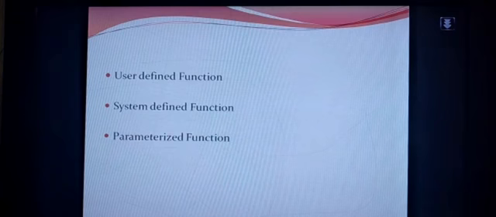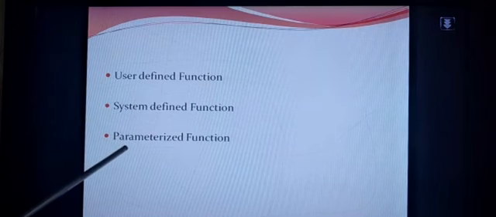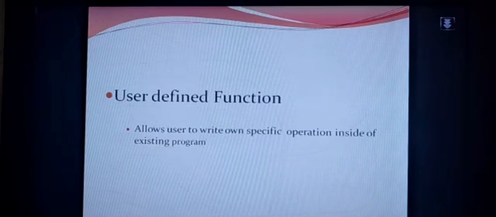The functions are classified into three types in PHP. First one is the user-defined function. Second one is the system-defined function. Third one is the parameterized function. These are the three types of function. First, we are going to see about the user-defined function.